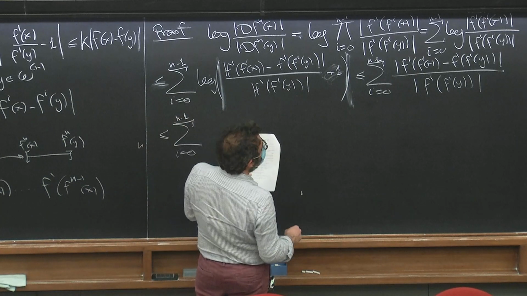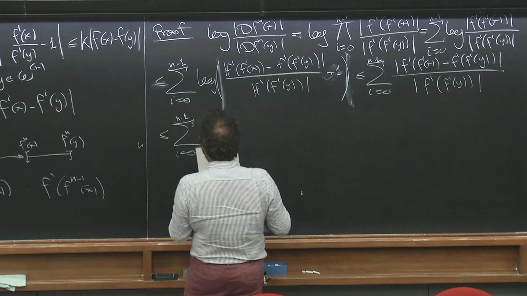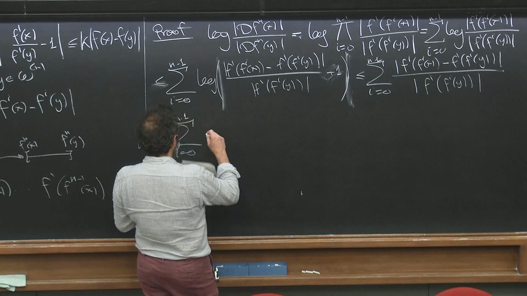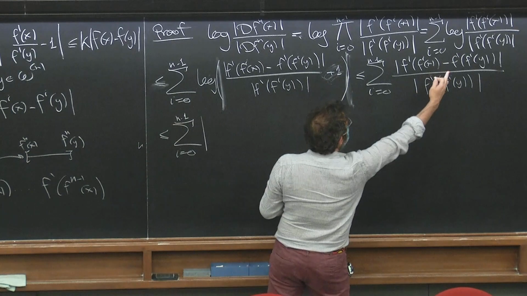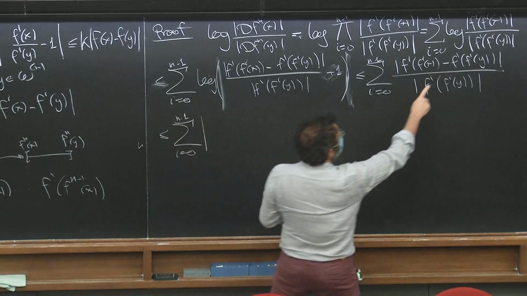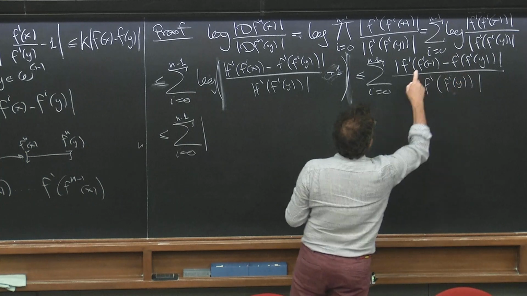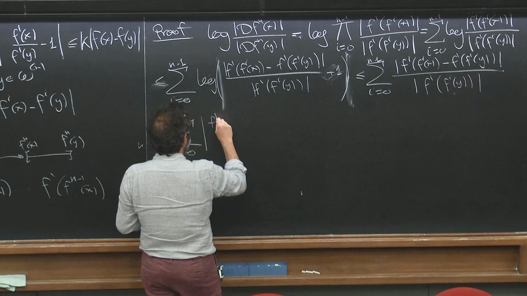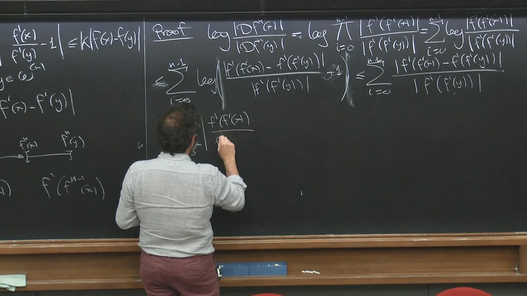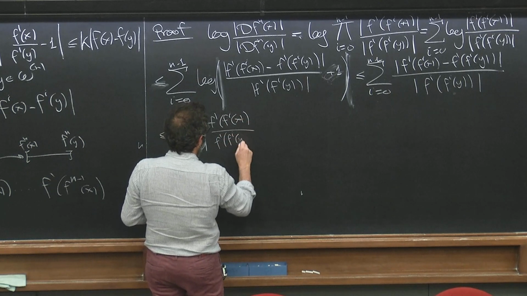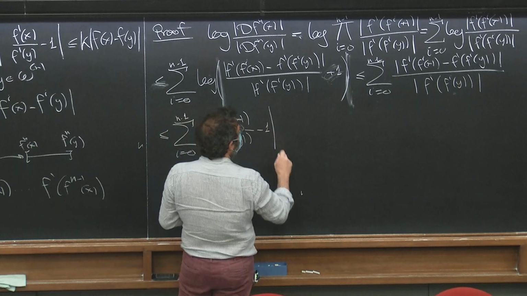Here we separate out this sum, so we get minus 1 here, so we get f prime of f^i(x) over f prime of f^i(y) minus 1.